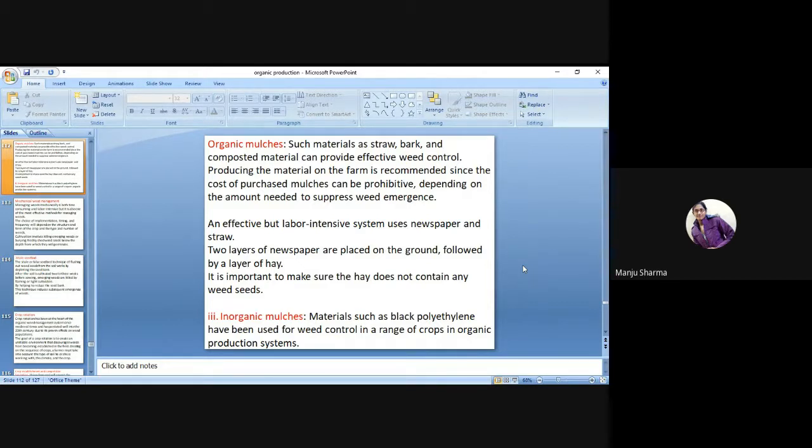Producing the material on the farm is recommended since the cost of purchased mulches can be prohibitive, depending on the amount needed to suppress weed emergence.